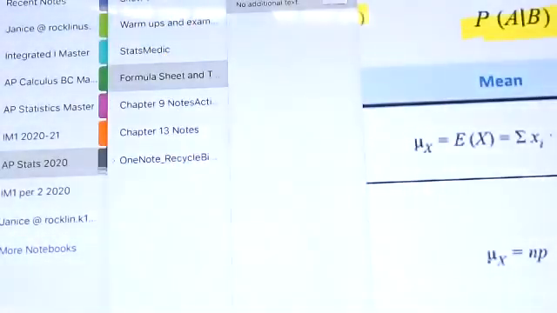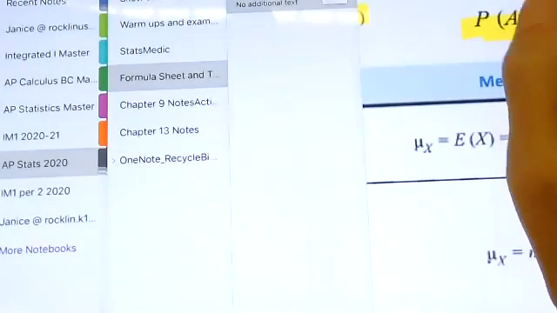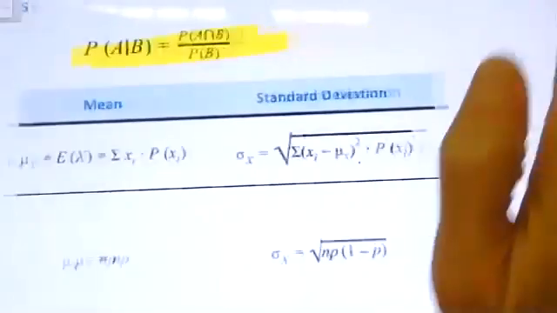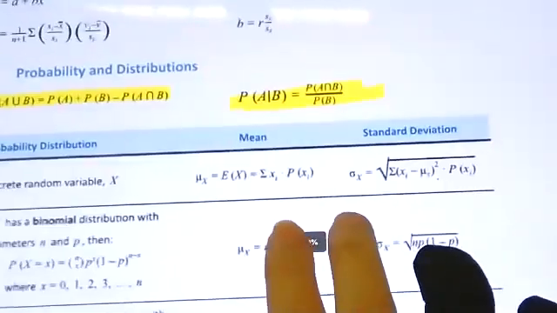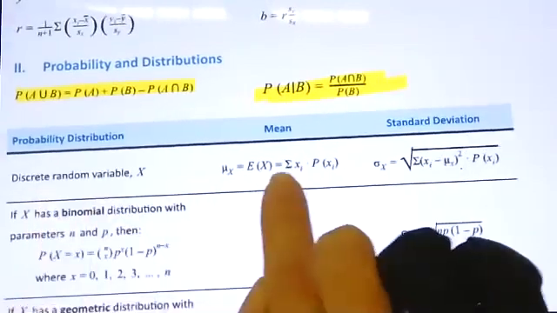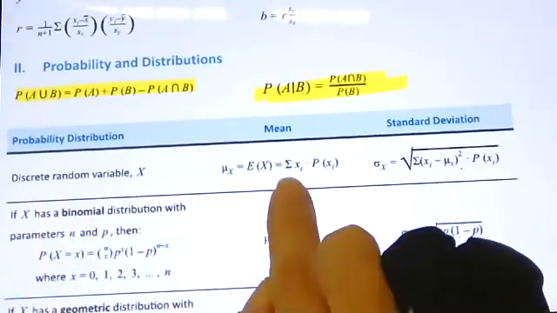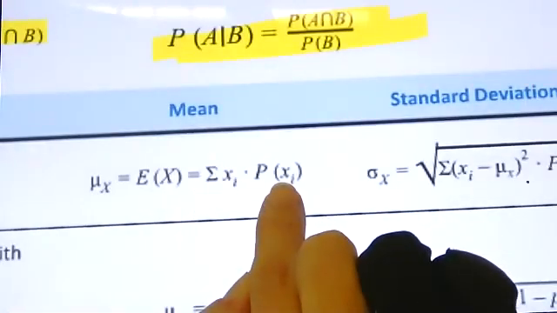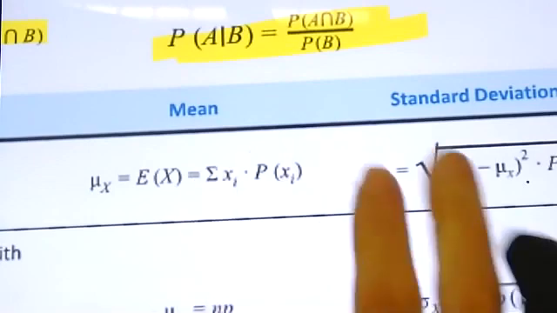And if you go to formula sheets, you will see, come on, there we go, that both of those formulas for the mean and the standard deviation for a discrete random variable are right here. So the mean is you take each x, you multiply it by its probability, and you add them up.